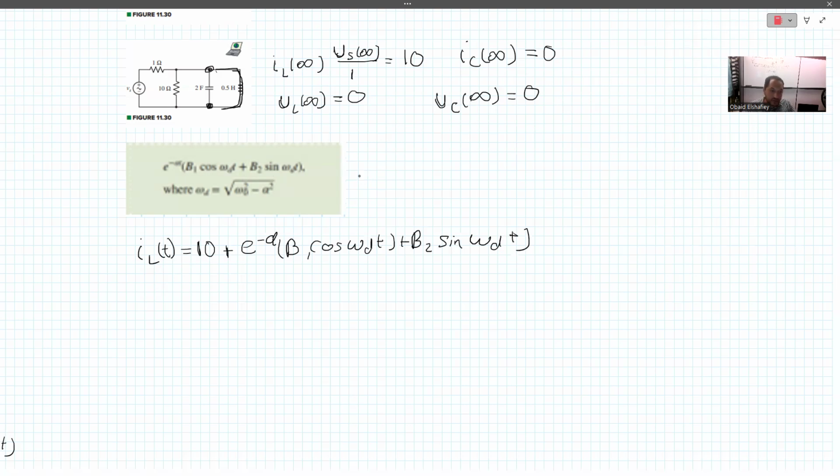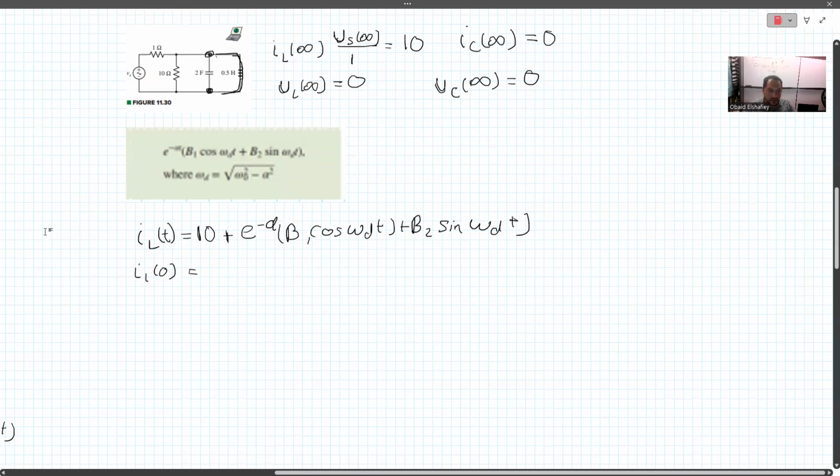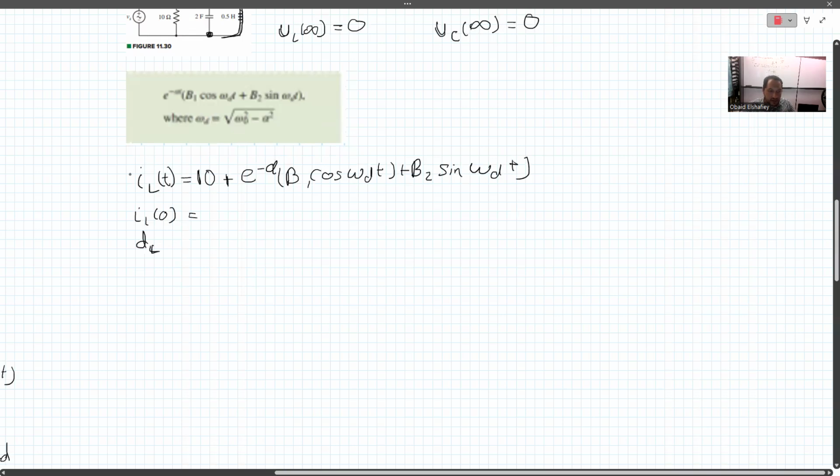Right now you can substitute for IL of 0, so you have one equation. Then get the derivative, dIL of t over dt, and substitute at 0 to get the second equation.